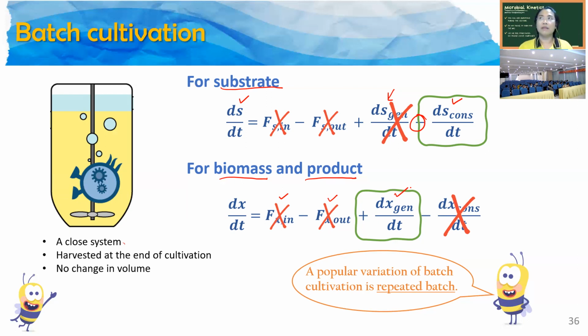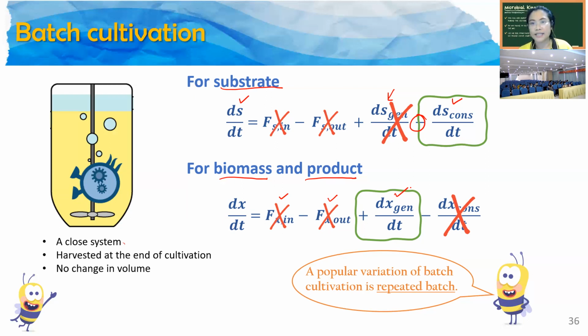The good thing about repeated batch is that you don't have to spend time preparing inoculum, because in normal batch fermentation, you sometimes have to prepare an inoculum. And if you are doing it in a big fermenter, you probably have to do the inoculum seedings a few times, and it takes time.